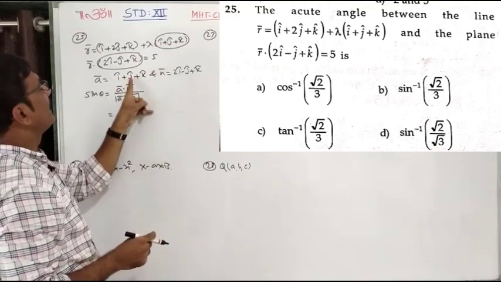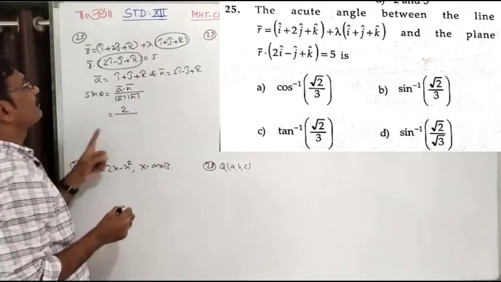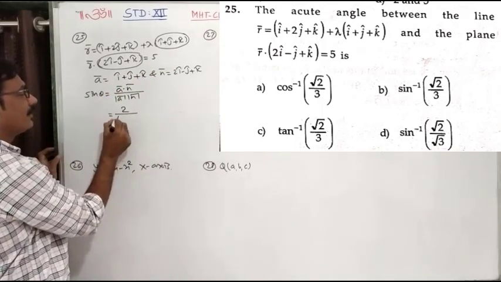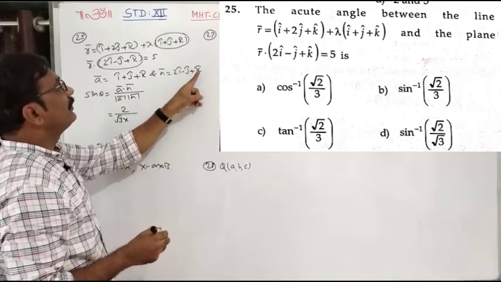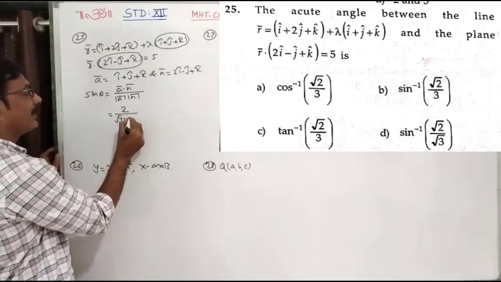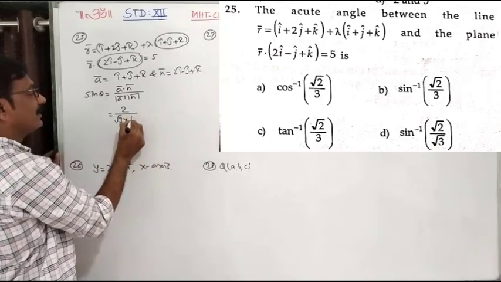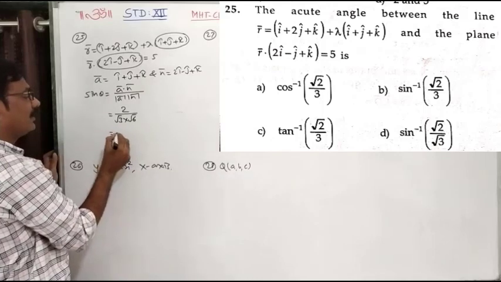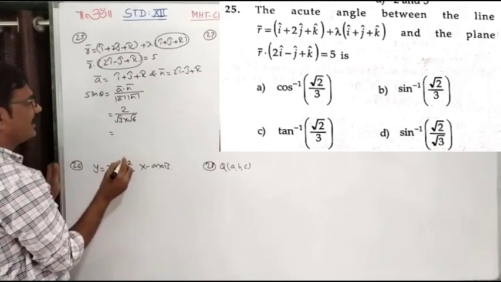2 minus 1 plus 1 means it is 2. 1 1 1, root 3. 2 plus 1 plus 1, how much? Sorry, 4 plus 1 plus 1. It is root 6. Yeah. 6 3s are 18.